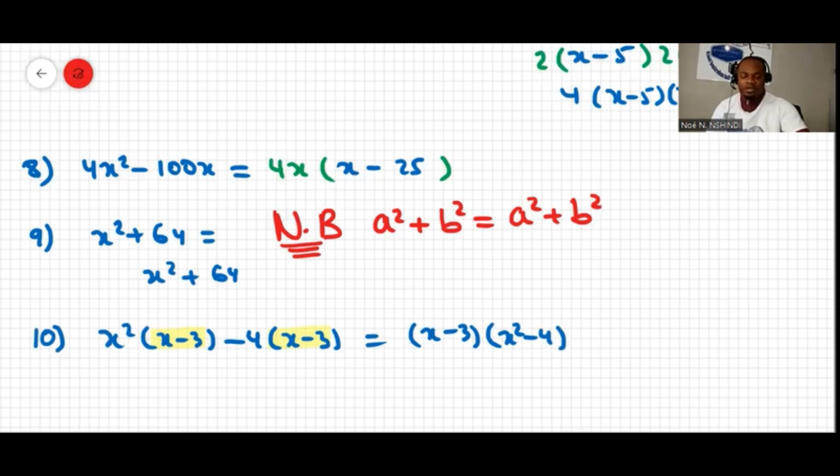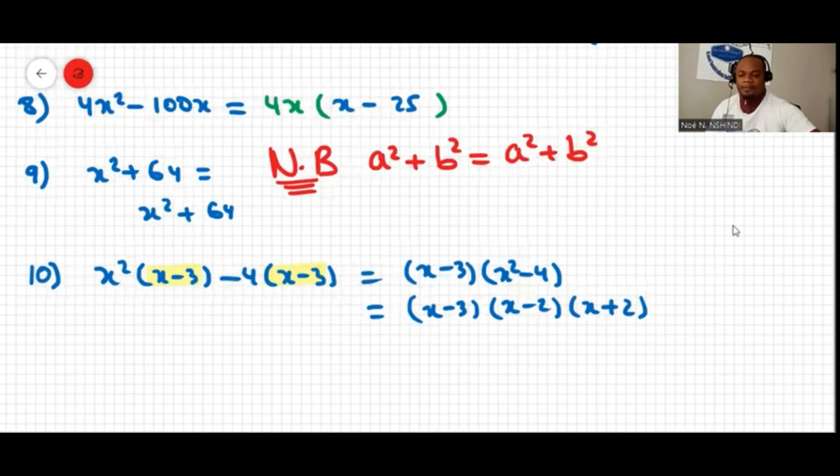No, we're not done because we still have more to do. Note here we have 4 is a square number, and then x is also raised to the power of 2, so we can apply the difference of two squares there, and this would be x minus 3, and then x minus 2 and then x plus 2. Now we can say we factorized this expression, okay?